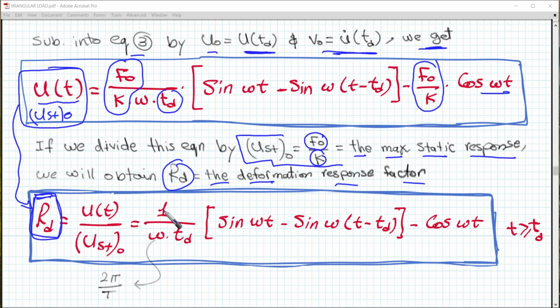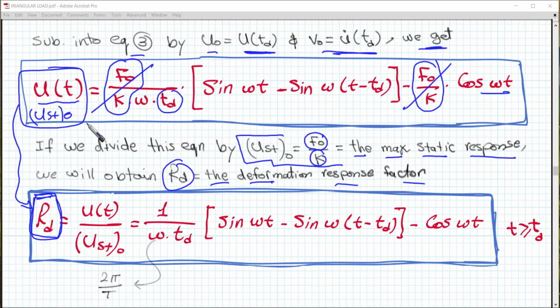The right hand side is going to be 1 over omega td times, inside the parentheses, the same sine omega t minus sine omega (t minus td) minus cosine omega t, and this term is going to disappear after the division by the same value.